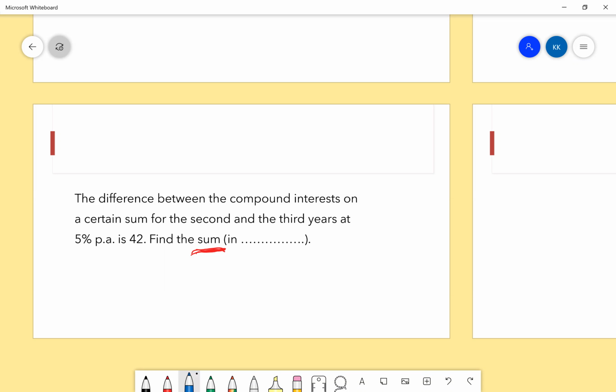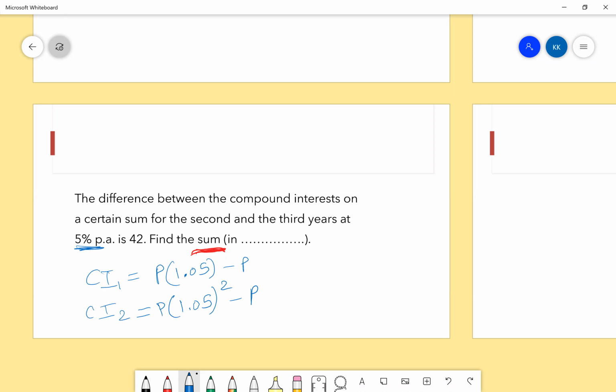Okay, let me explain. I haven't got any answer yet. Compound interest for the first year is principal, and since we are already given the rate, this is it. Compound interest total till the second year will be this.